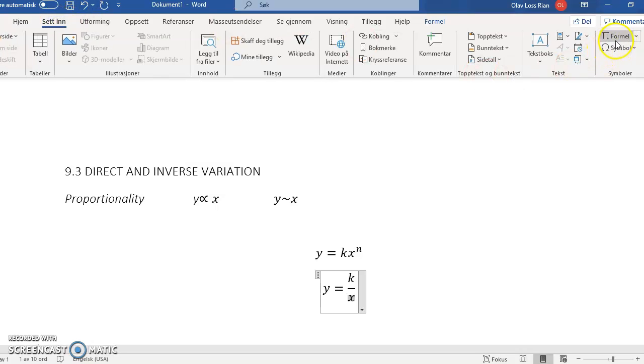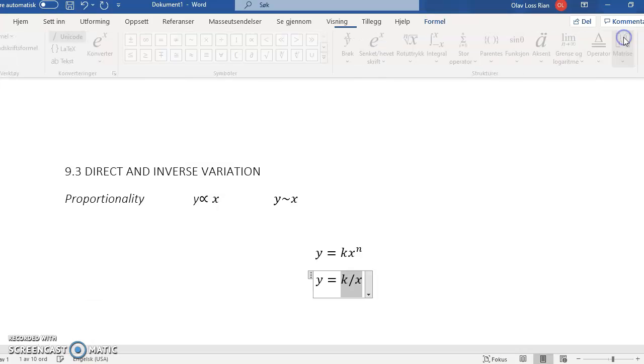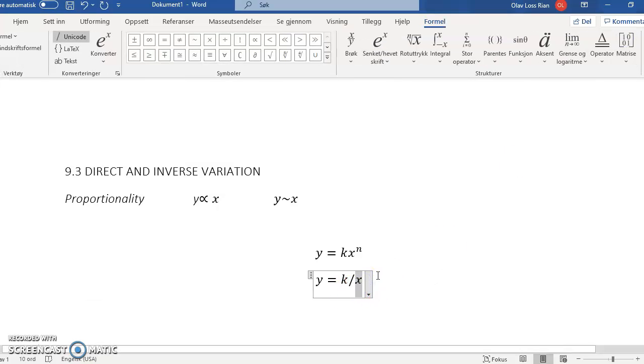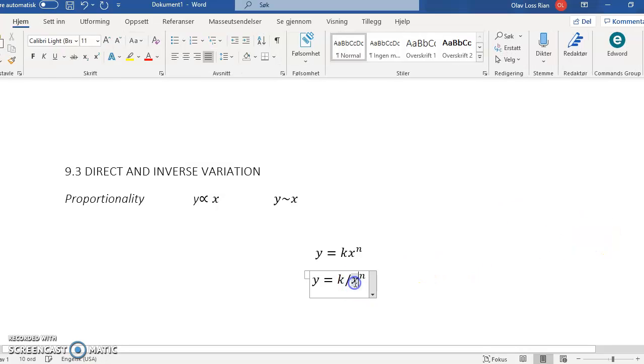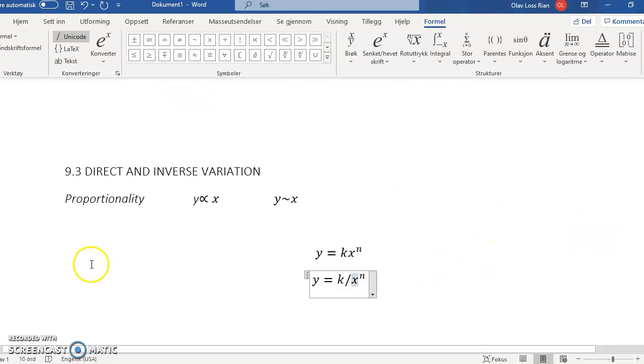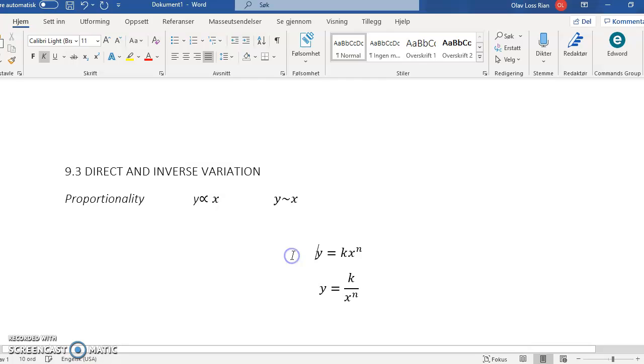Let's put in x to the power of n here as well. Okay, so just a little explanatory text here.